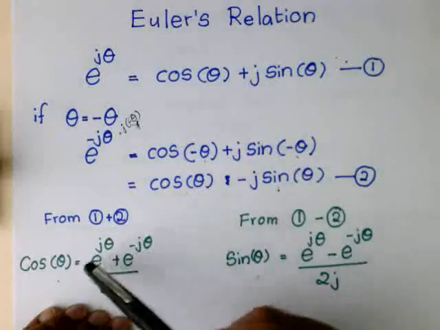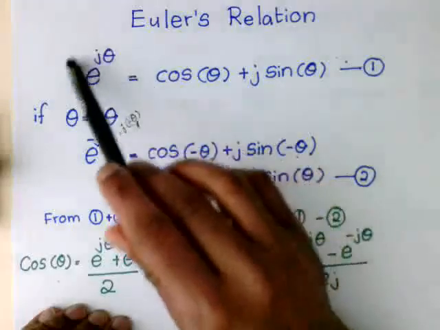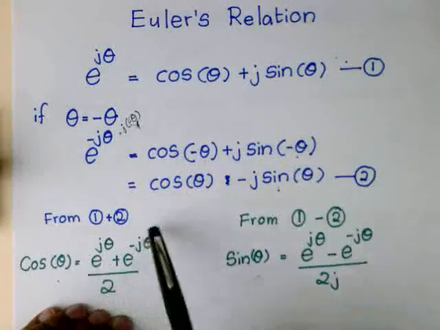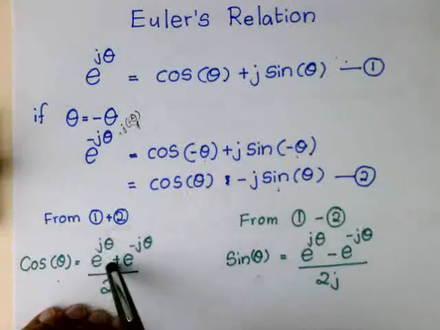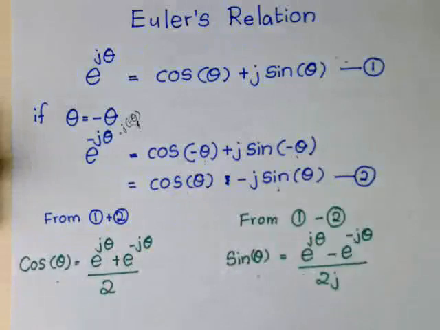You don't see the frequency components yet because we don't have the time function in here. So for now, just think of it as breaking cosine theta and sine theta down into two complex exponentials which have a positive and a negative theta.